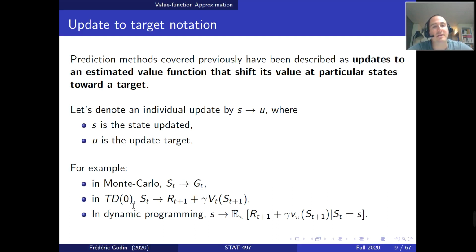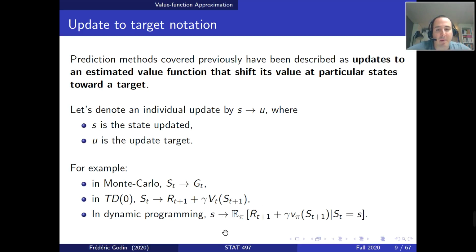For TD methods, the algorithms were of the following form. The state encountered at time t had its value slightly shifted towards the target, which was here the next reward plus the discount factor times the bootstrapping term, which is the estimated value of the successor state.